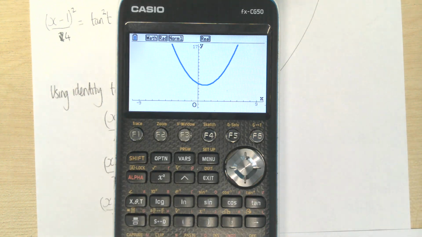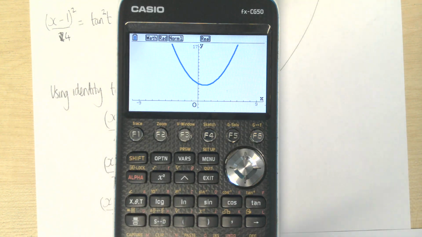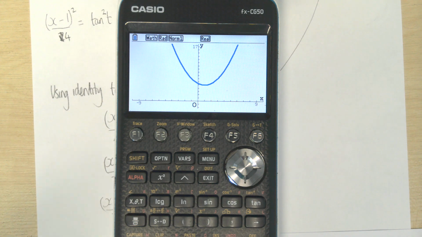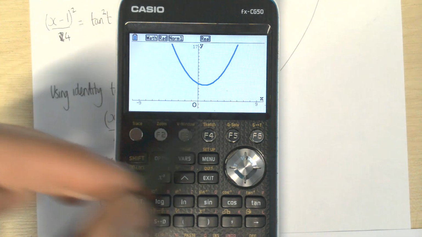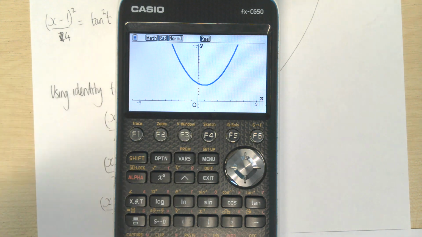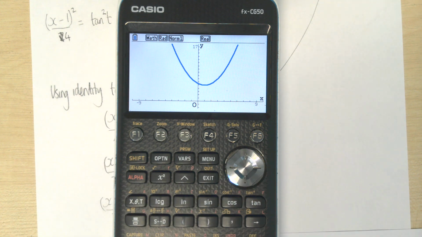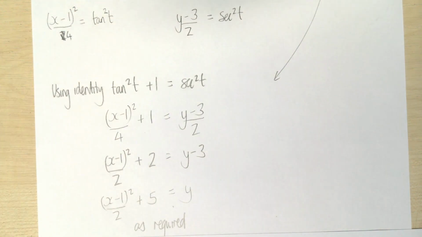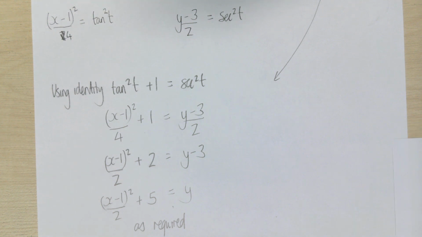Except, of course, in the question we're told that the range of values of t limits this curve, so it won't be the full curve, it'll start somewhere and it'll stop somewhere, but that's the shape of the curve.